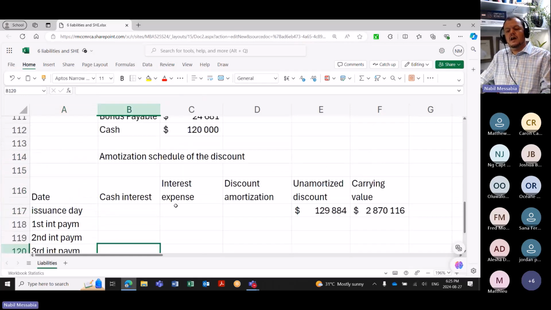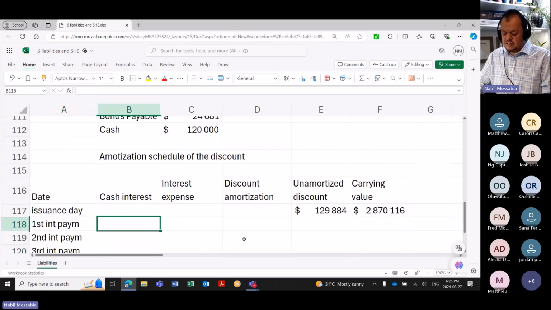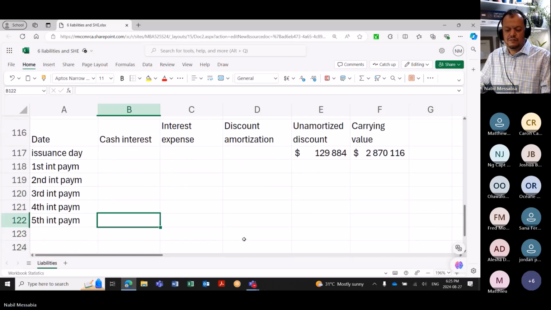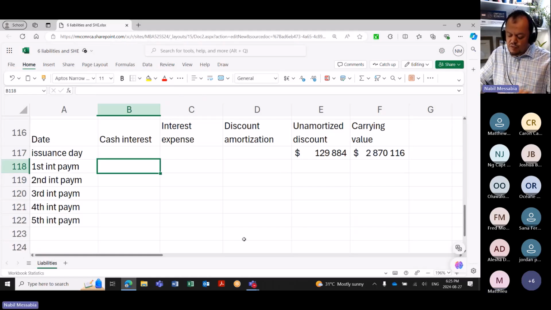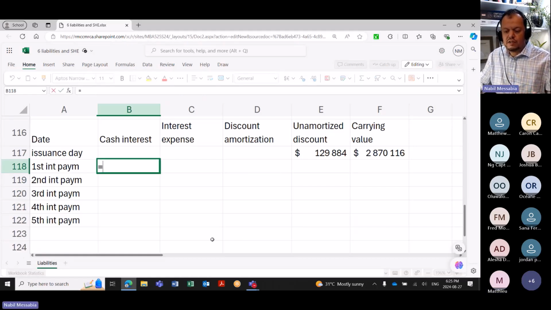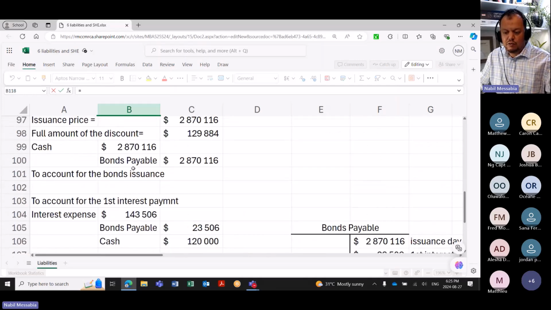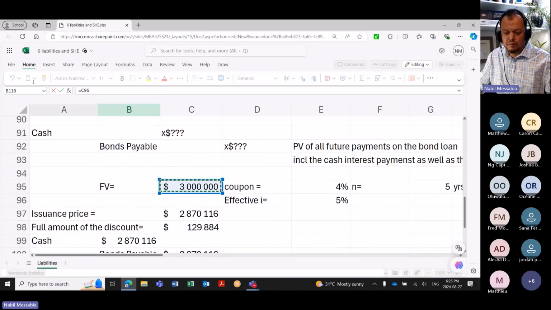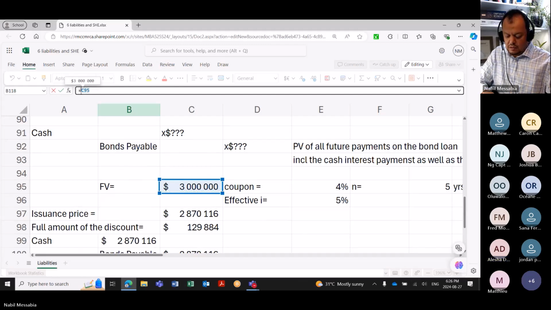Now, how about the cash amount of interest? Is it going to change? No. It will always be equal to the par value, 3 million, multiplied by the coupon rate.